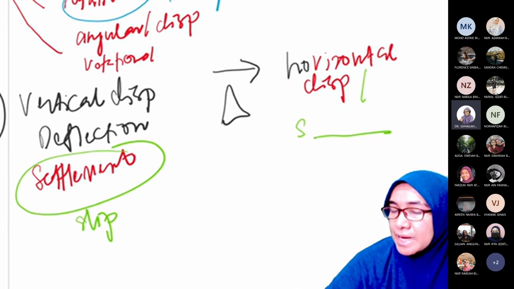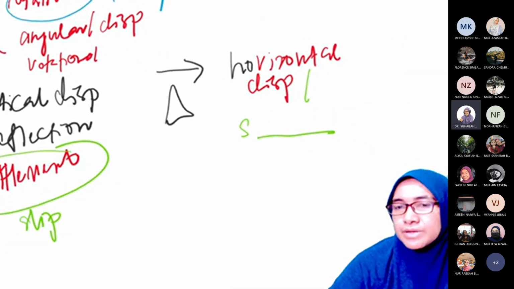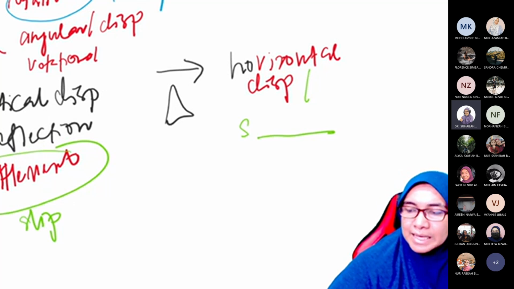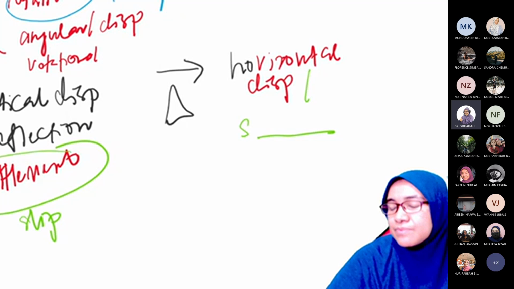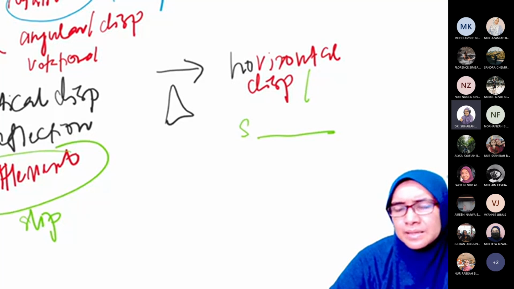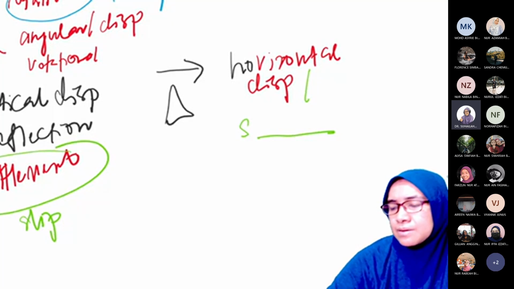But there is one more word that we normally use for horizontal displacement, and we will apply it many times in the third chapter. And for those who came from a diploma, you have probably heard of this. Okay, we have slip.